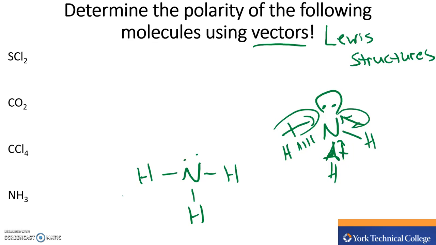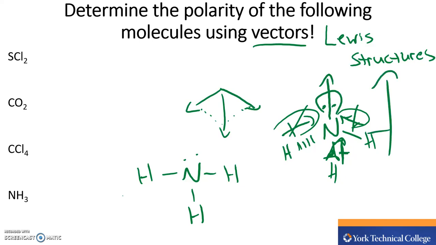If we have one pointing like this and one pointing like this, we can draw a parallelogram and add the vectors together. Then this vector and that vector become this vector, and this vector and that vector add together and form a huge vector. Thus, ammonia is a polar molecule because the vectors do not cancel.